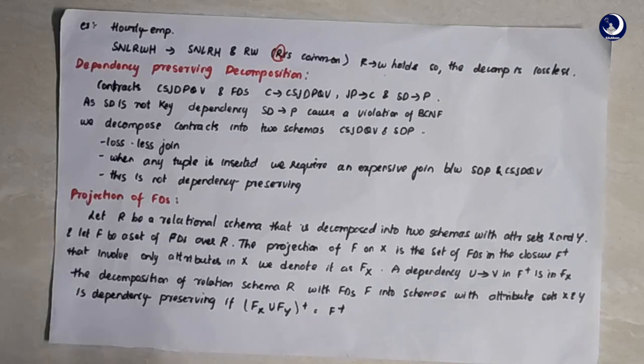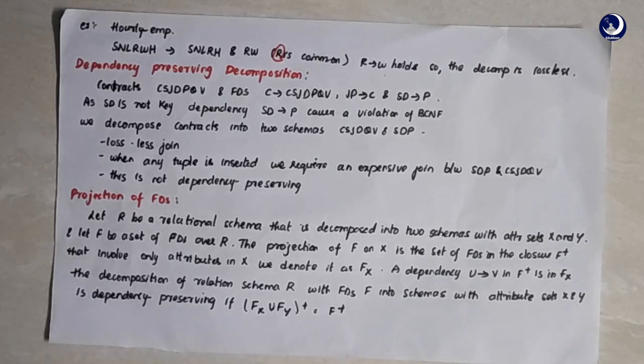Let us consider an example, then you can understand it better. We have a contract. We have seen this contract example also. What is an instance that is used for symbolizing this? CSJDPQV, right? And the FDs. What are the FDs that are present? We have three FDs, right?